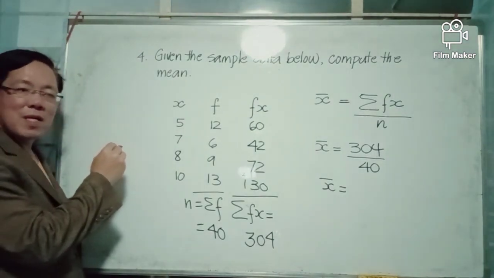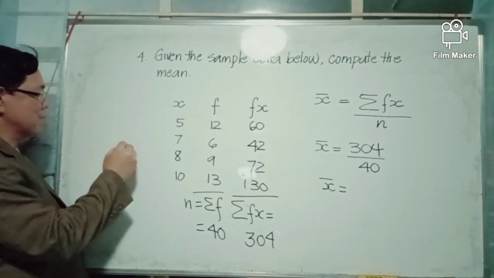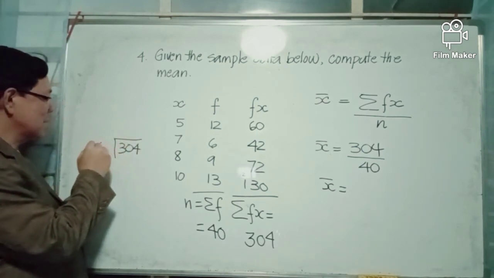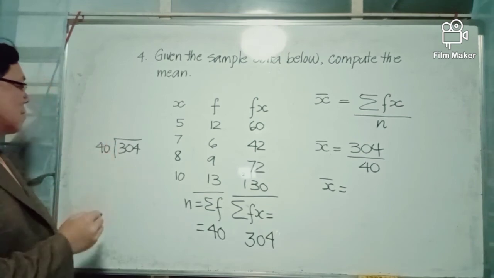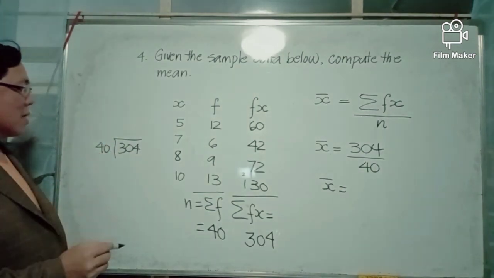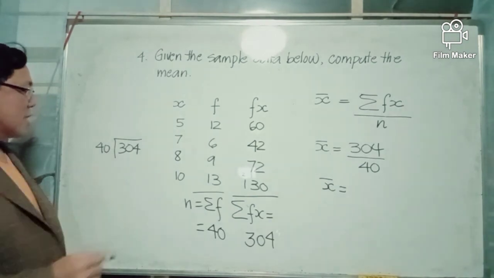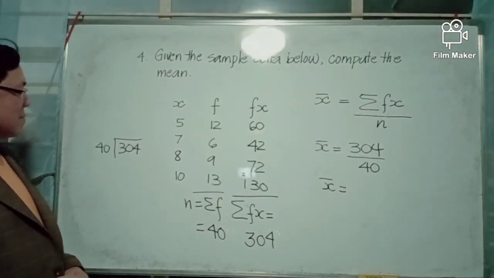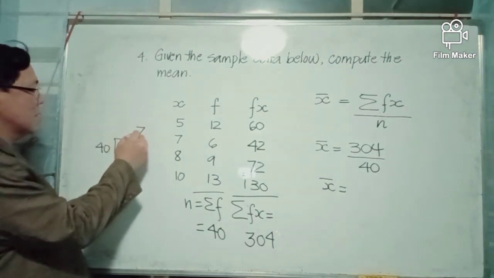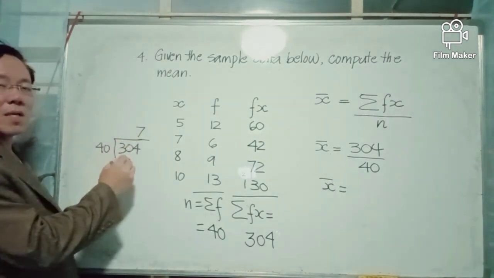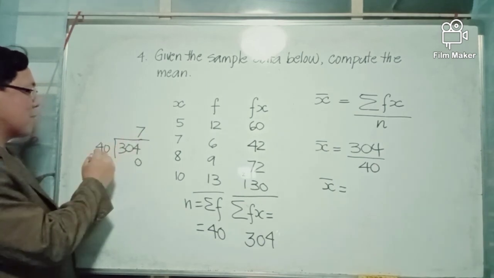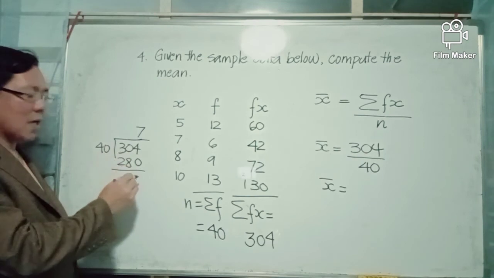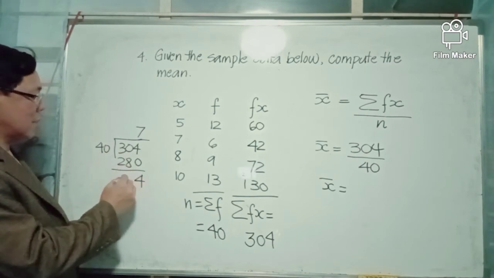But I do not have a calculator, so I will do the division manually. We have 304 divided by 40 is about 7. 7 multiplied by 0 is 0. 7 multiplied by 4 is 28. We subtract 280 from 304. We get 4 and 2.